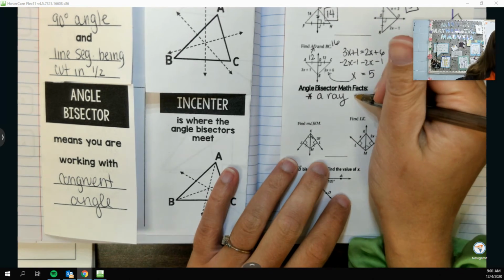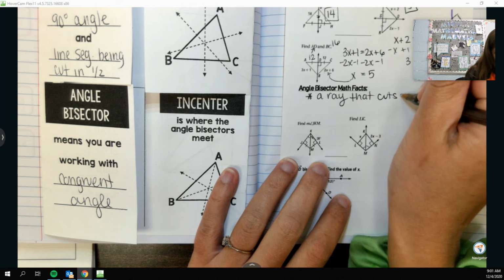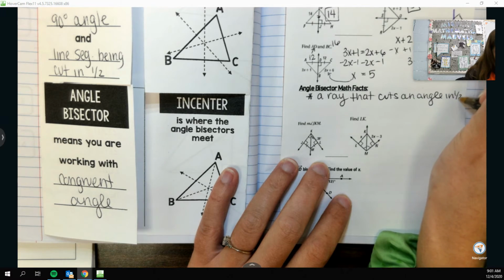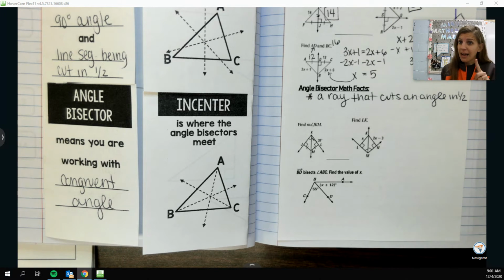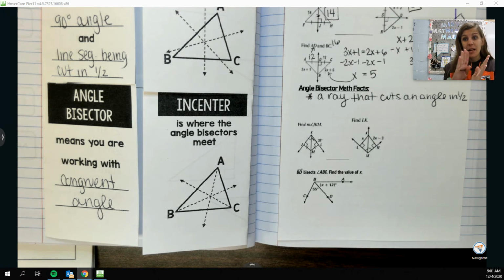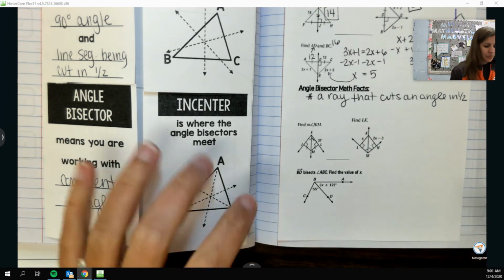So it's a ray that cuts an angle in half. Now again, that can be helpful because I can set each side equal, or if I know one of the smaller ones, I can double that. So if half of the angle is 50, then the whole thing is 100. Or if I know that the entire angle is 70, then I know that each part is 35 because I split that in half equally.